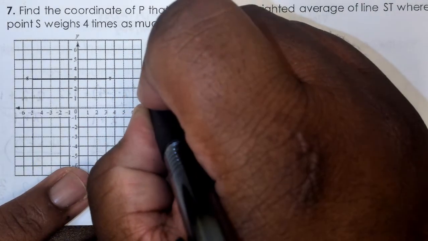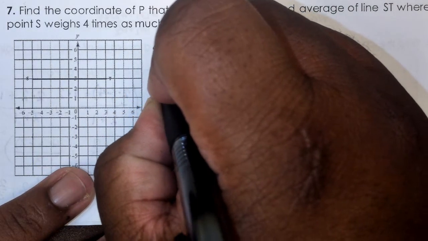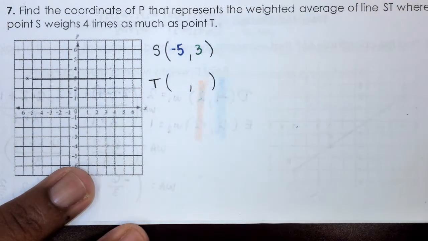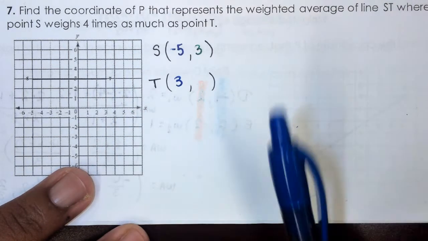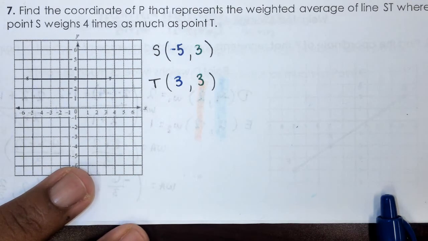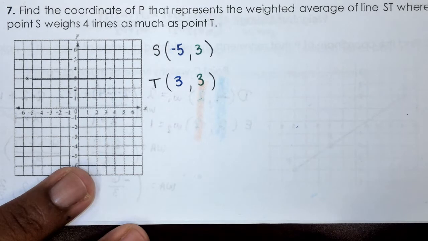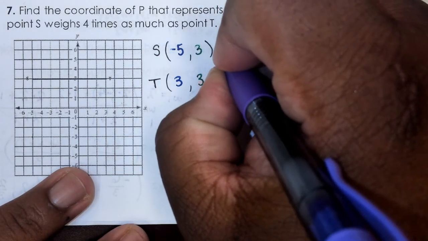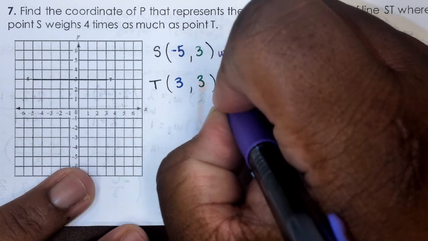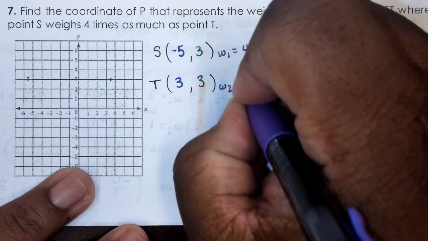Second point, T, is at 3, 3. The problem says S weighs 4 times as much as point T. So weight 1 for S is 4, and weight 2 for T is 1.